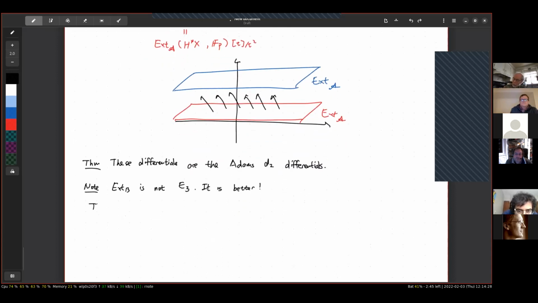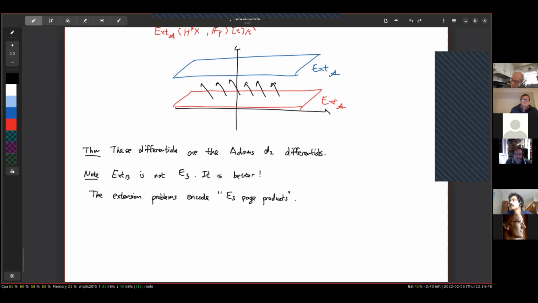So the extension problems encode what I call the E3 page products. I'll work this out explicitly in the case of hidden extensions.